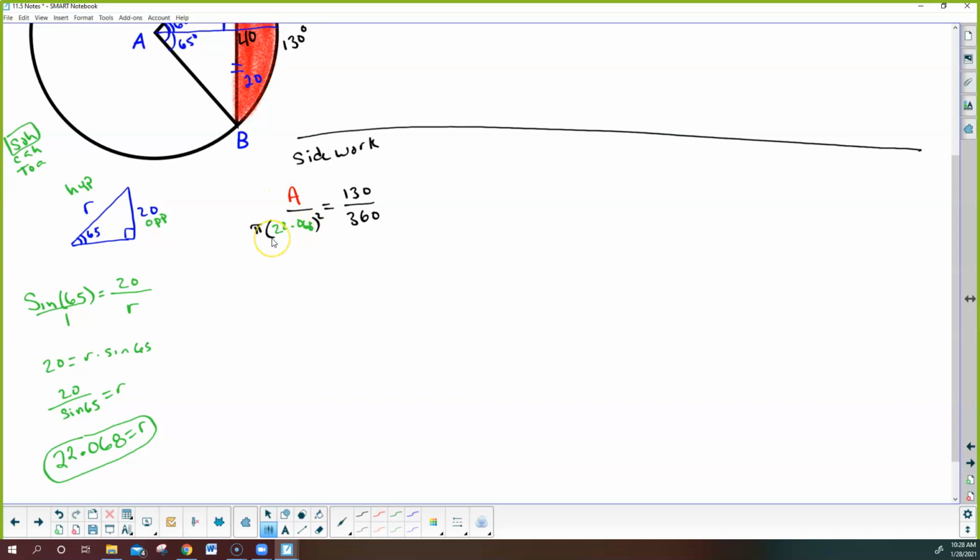So then we're just going to use your calculator. We're already dealing with decimals, so use the pi button. And we're just going to cross multiply. I'm going to multiply these two together and then divide by 360.